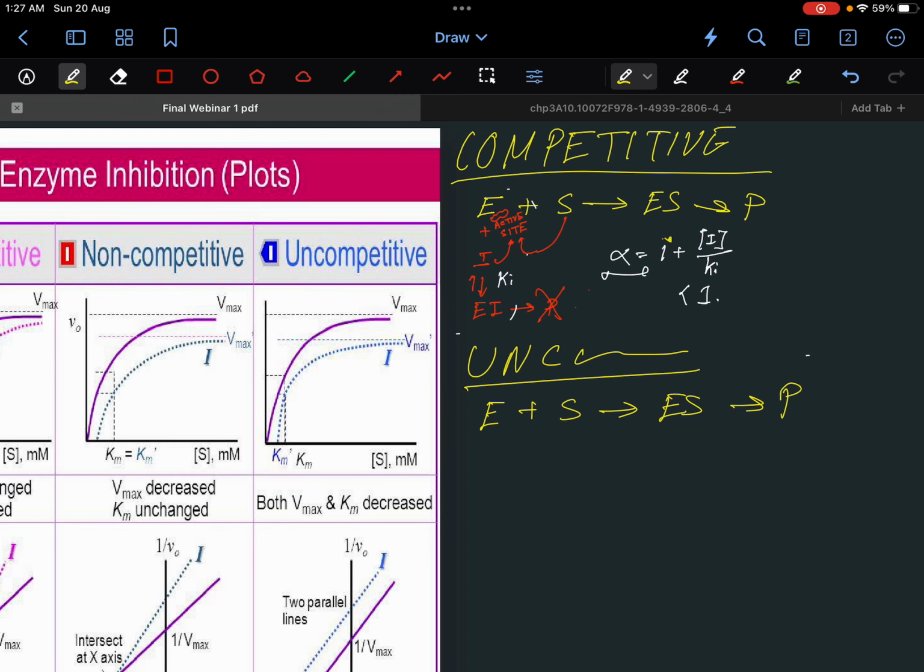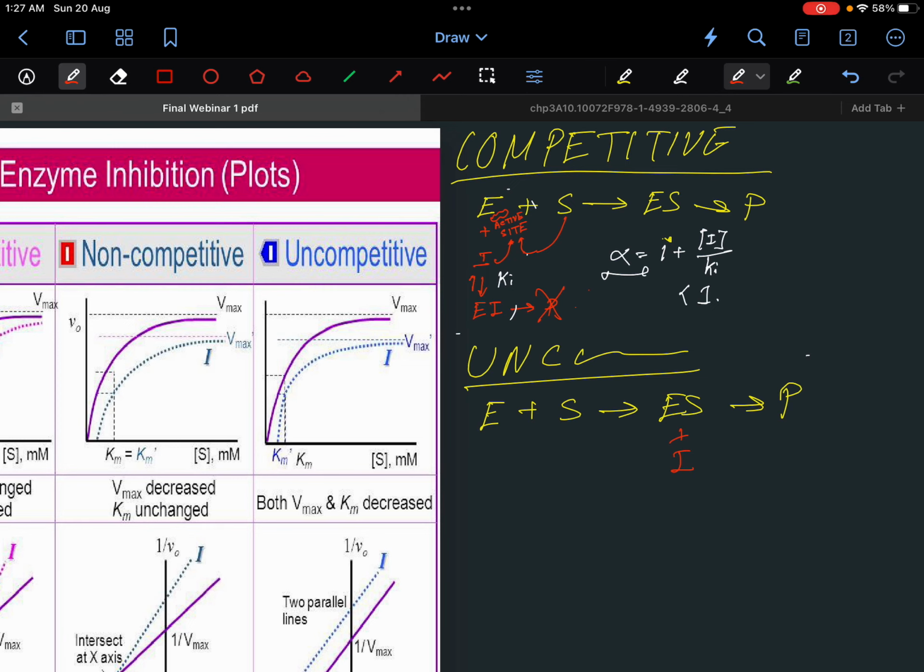So ES is becoming the product, and then the inhibitor will bind with the enzyme-substrate complex. You can remember uncompetitive inhibition as being too pathetic in terms of substrate binding. If the substrate has already bound with the enzyme active site, the inhibitor comes and says no, I will not allow you to form the product.